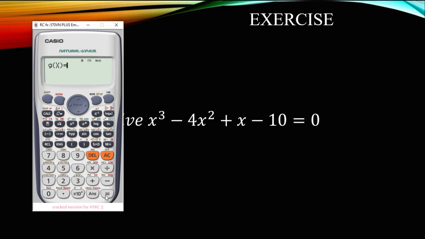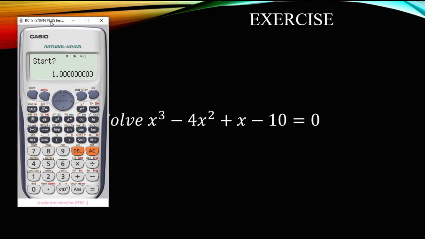And then after pressing the equal button, my calculator will ask me from where you want to start to generate your table. So I would like to start my table from minus 5. My table will end at 5 and the step size will be 1.